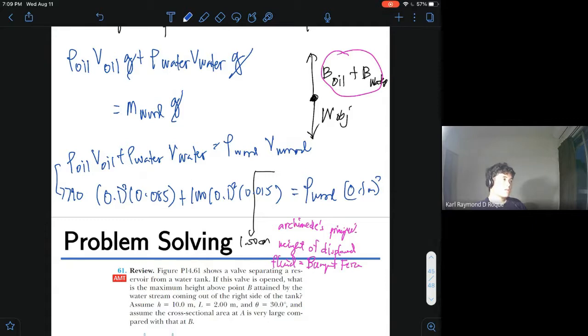Ang sagot, bakit ganito? Dahil lang guys ha. Ba't mali? 115 kilos?